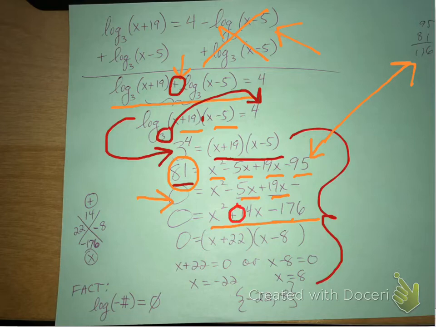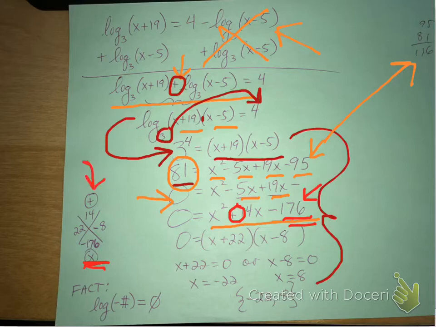Now, this part was a little bit tedious for me because I don't know my multiplication tables up to 176, but whenever you're factoring a trinomial, you have to find two numbers that multiply. If you look over here on my little diamond, they have to multiply to get that last number, but they have to add to get the middle number.